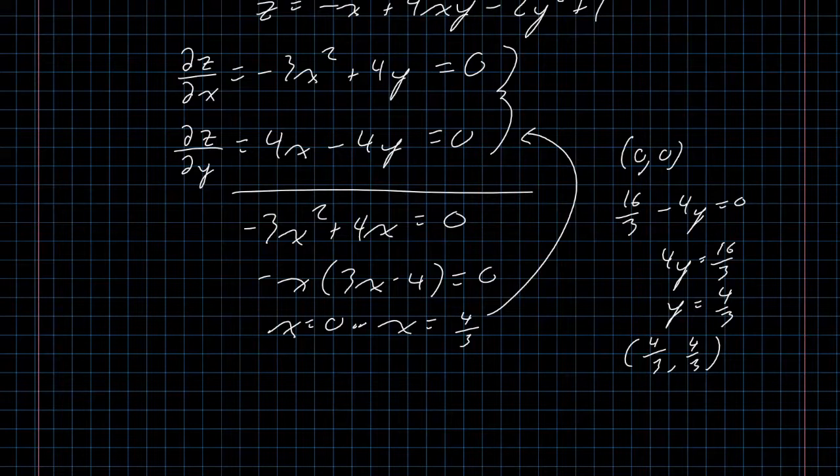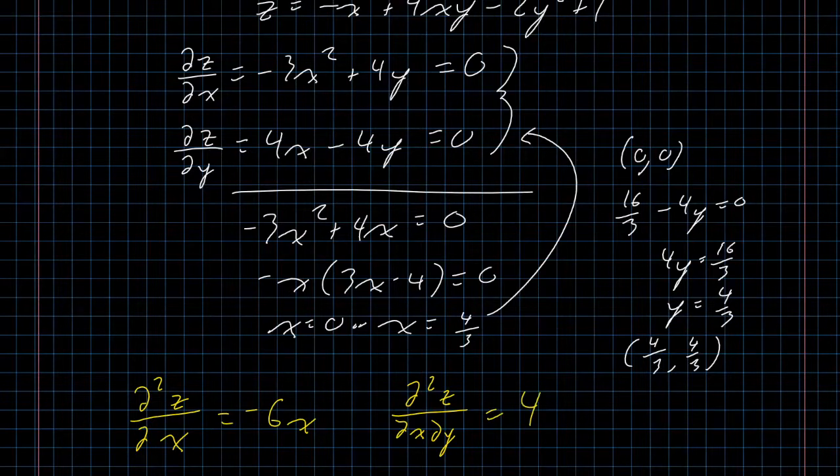The second derivative of z with respect to x is going to be minus 6x. We're going to need the mixed second partial derivative. We can either take this and differentiate with respect to y, or this and differentiate with respect to x. Either way, we get 4.